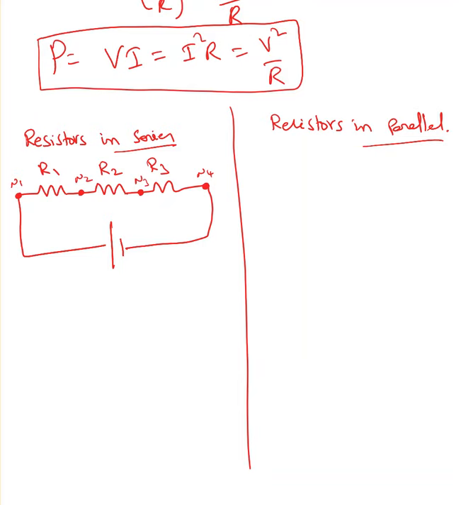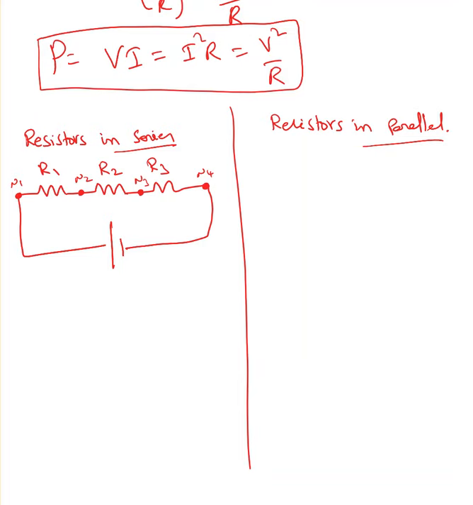If only 2 elements are connected at a node, those 2 elements are in series. At N2, only R1 and R2 are connected, so those two are in series. At N3, R2 and R3 are connected, so those two are in series.